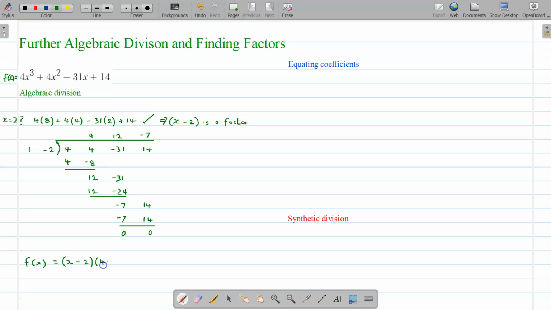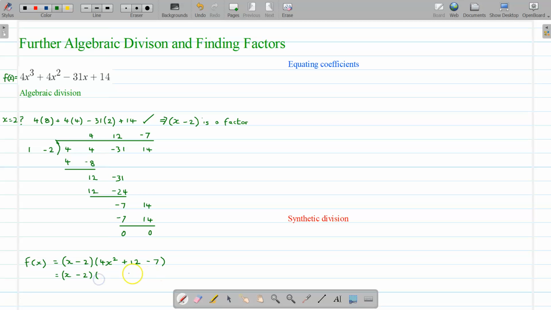Okay, now we look at that quadratic factor and we ask ourselves, can that be further factorized? In other words, can we break that up into the product of two brackets? Well, we can. It's not immediately obvious what we have to do, but we're looking for a pair of factors that will give us the minus 7, and it will give us the 4x squared.